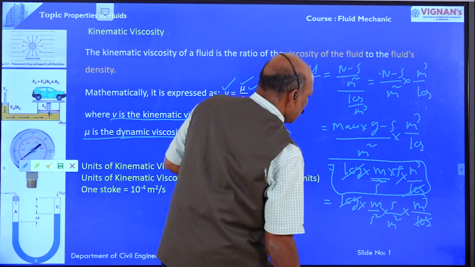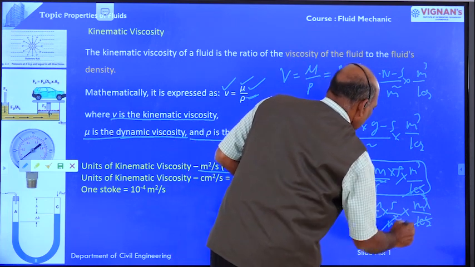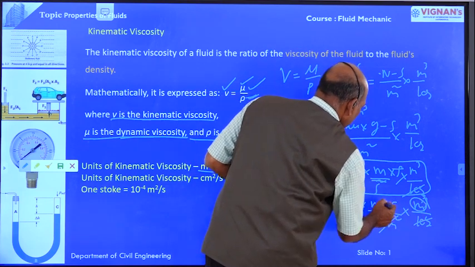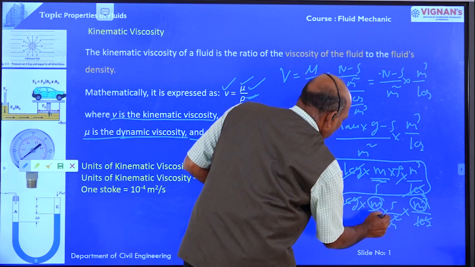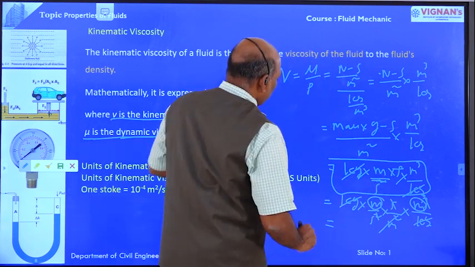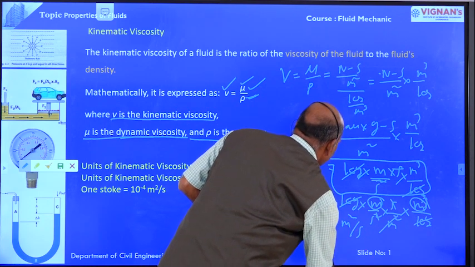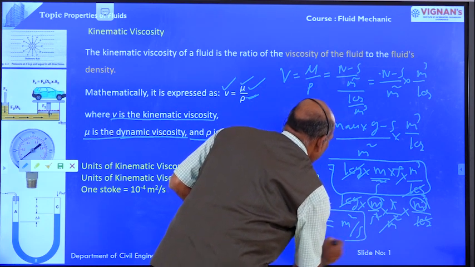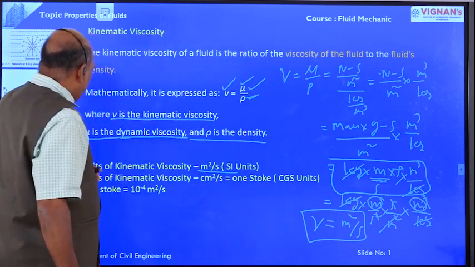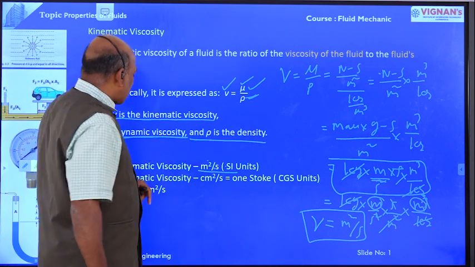Kg gets cancelled, seconds square and second cancel, meter cube and meter square leave one meter. Therefore, units of kinematic viscosity equal to meter square per second in the SI system.